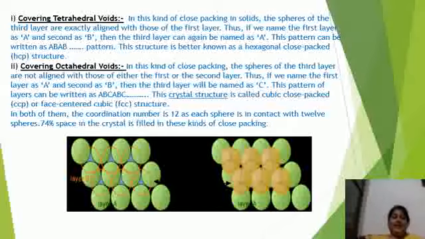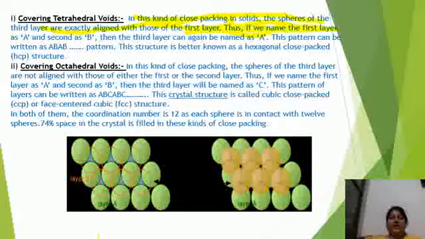So in covering tetrahedral voids, what will happen? The first layer resembles the third layer. The second will be different. ठीक है?